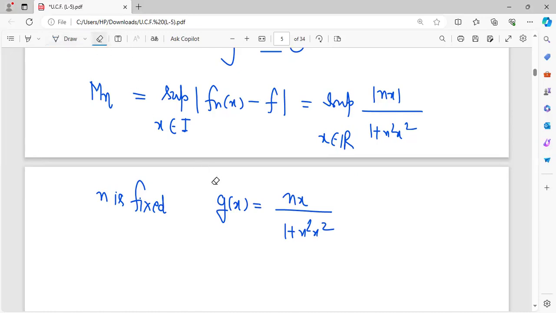We have to find what the maximum value is here, because the limit is tending to 0, we know.